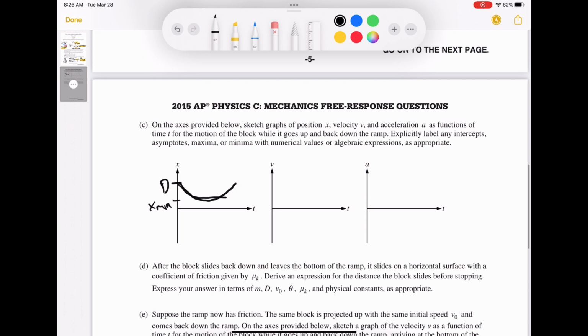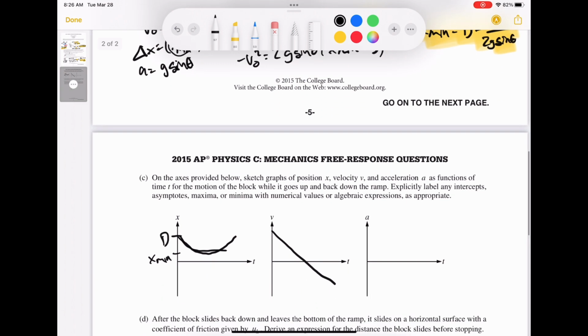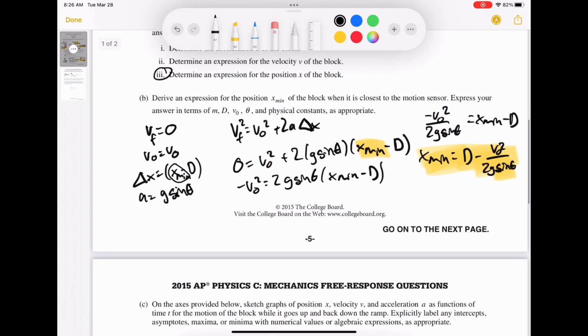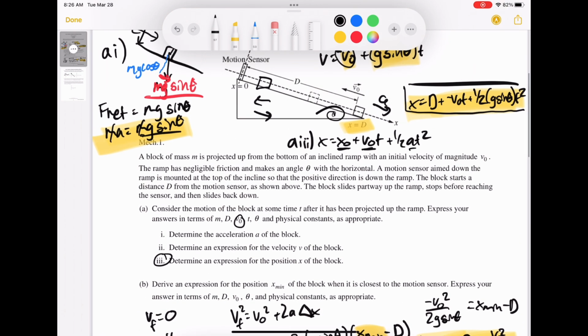Now we know it's curved because it's a parabola, as we saw from that formula. And then when we're looking at v, this is just going to be a straight line, because the derivative of a parabola is a straight line. Our initial velocity, as I circled there, is going to be v naught.